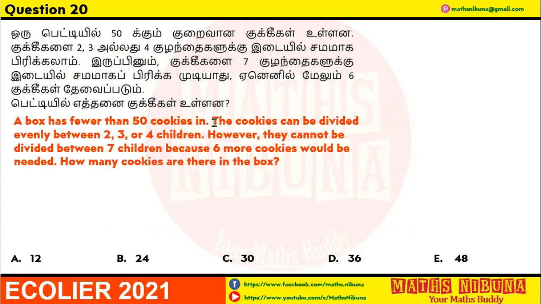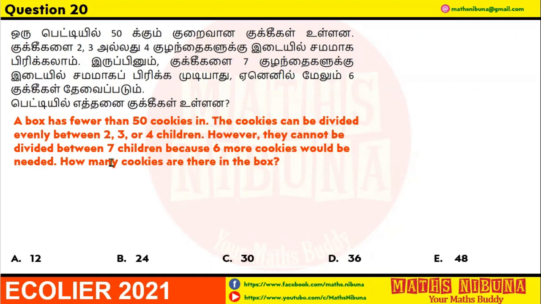The cookies can be divided evenly between 2, 3, or 4 children. So whatever the number, you have to check whether it is divisible by 2, 3 or 4, because we want to divide among 2, 3 or 4 children without a balance or remainder.